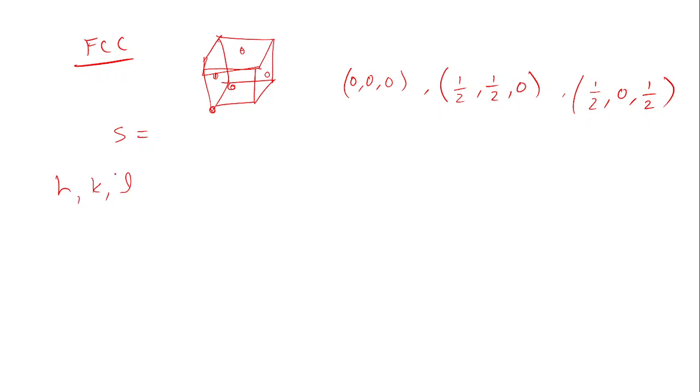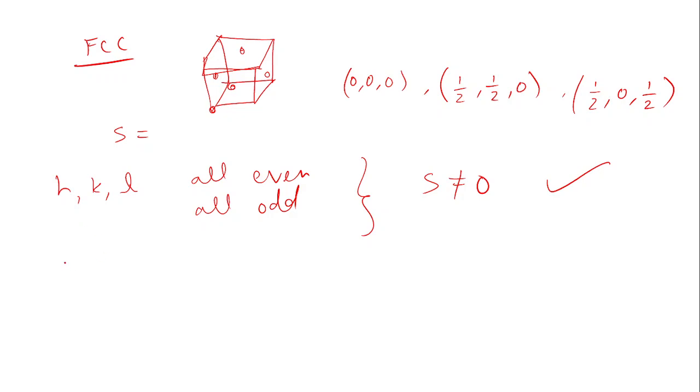for HKL, here we don't take the sum, but what we see is that if these values are all even, or they are all odd, in this case our structure factor will be non-zero and we will get diffraction peaks.